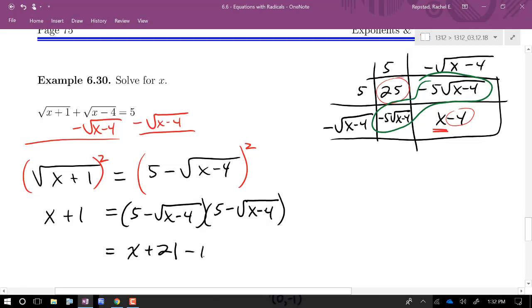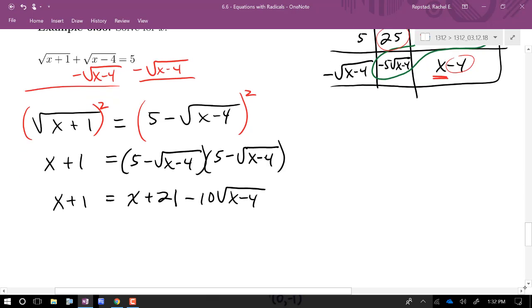Yeah, so minus 10 root x minus 4. So we still have radicals, but we have just one radical. We started out with an equation that had two radicals. We now have this equation that has just one radical, which means we can isolate that radical and square again. This is that repeat if necessary part of the procedure.